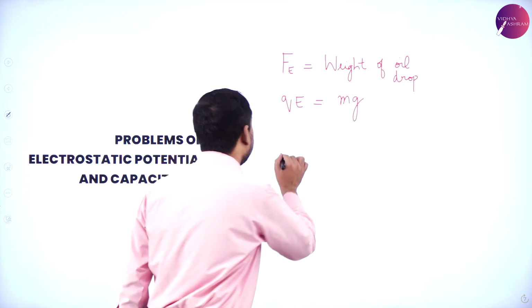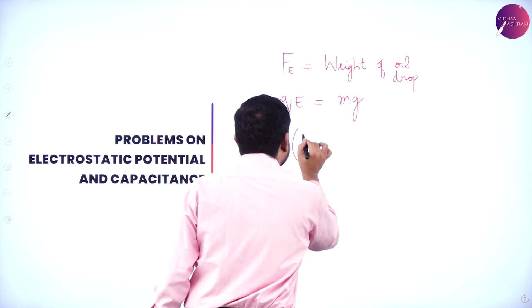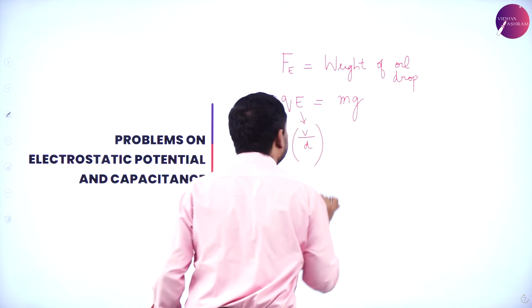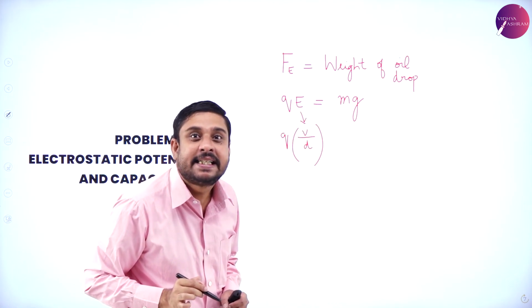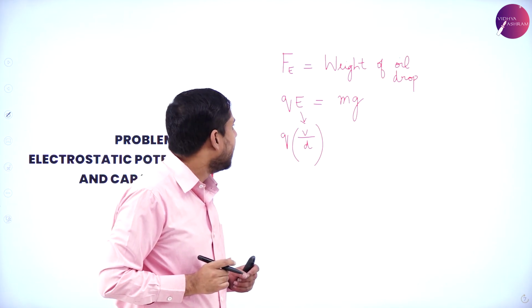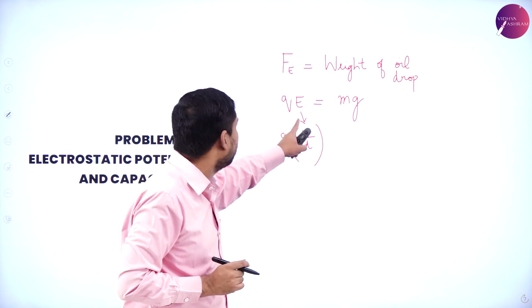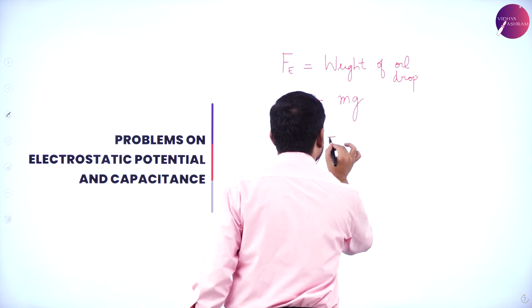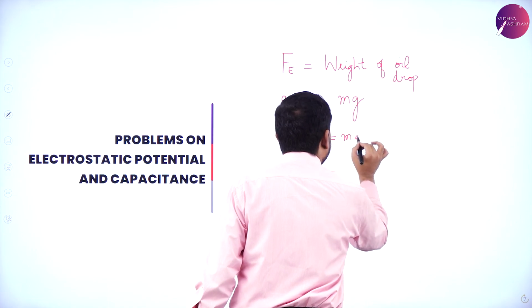So we know E is nothing but V divided by D. Electric intensity in terms of electric potential, V divided by D, Q into V by D equals M into G.